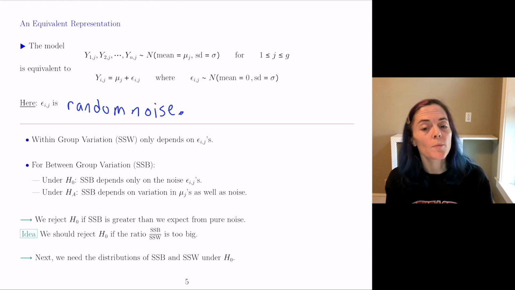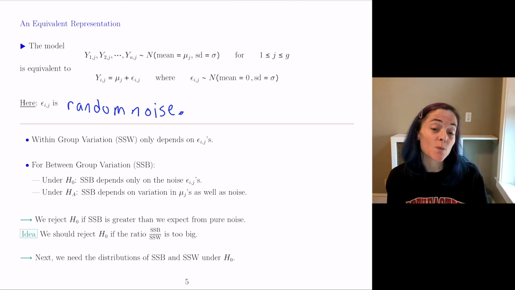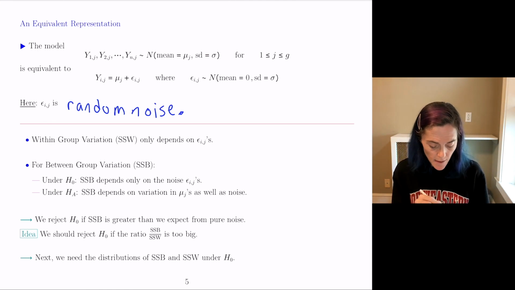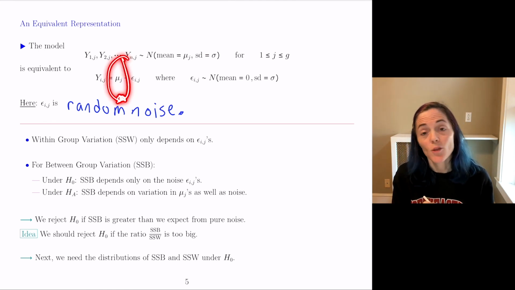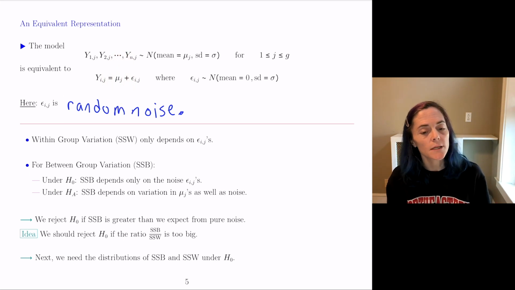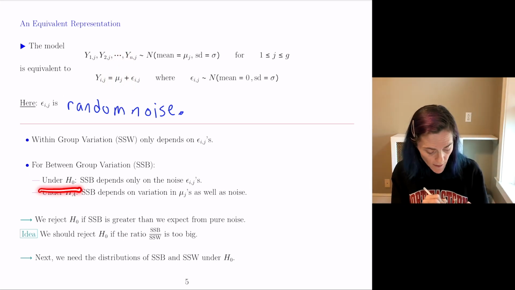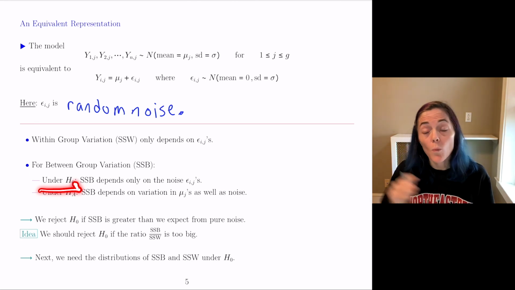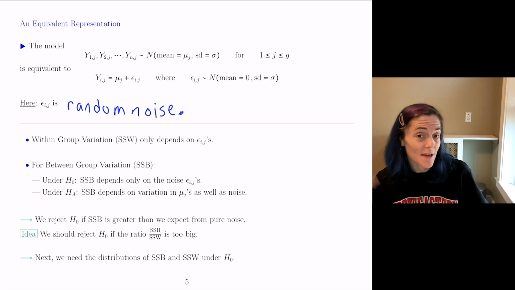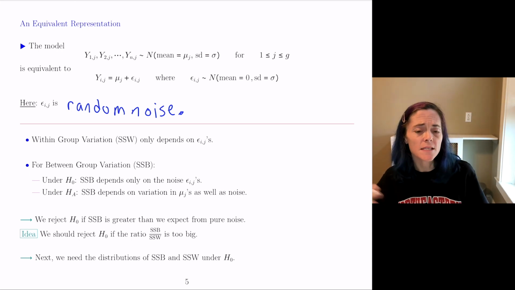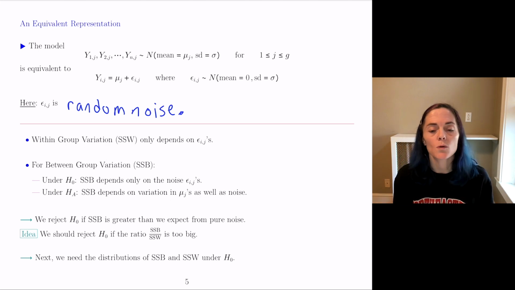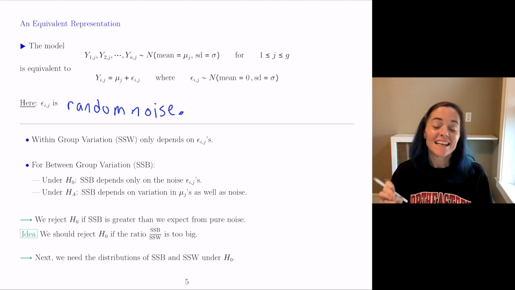So the within group variation, this sum of squares within, depends only on the epsilon ij's because the mean is the same throughout the group. For the between group variation, it's a little bit different. If you're considering H0, where all the means are the same, mu1, mu2, mu3, out to mu g, then the sum of squares between also only depends on the noise, epsilon ij.